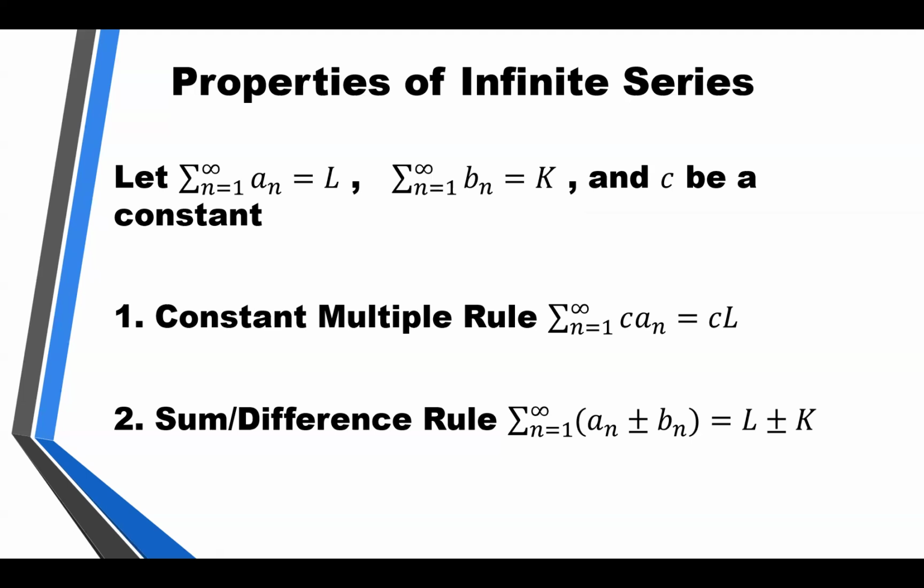So this only works if my two original series converge to real numbers. If the two original series diverge, then this doesn't always work. The constant multiple rule will pretty much work if you think of L as infinity. The sum difference rule will not always work.